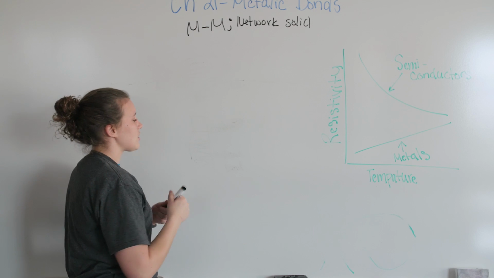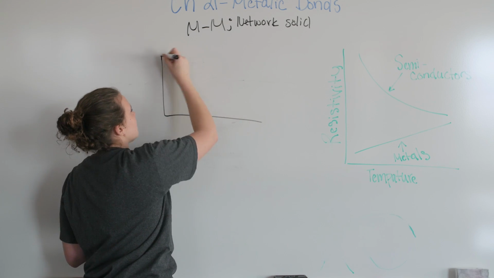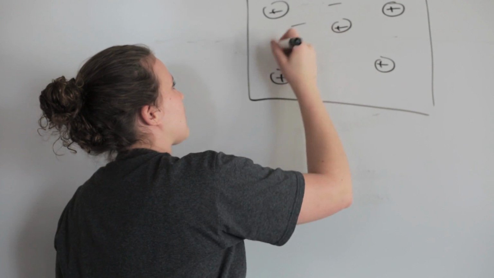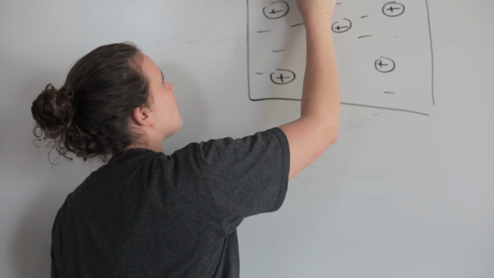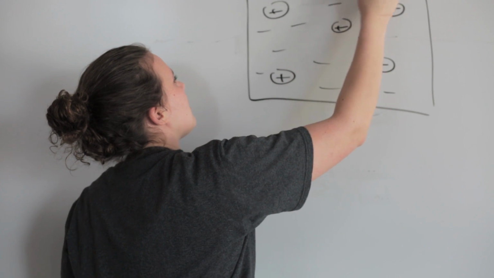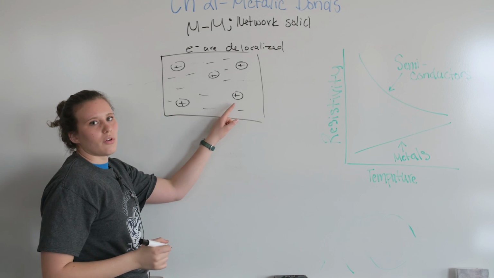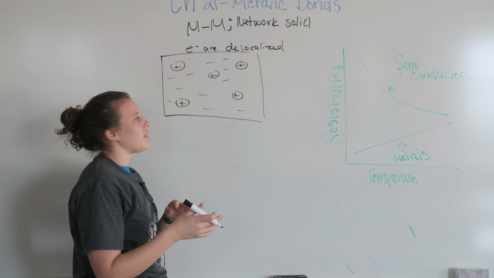Because the electrons can go to any orbital they want, they're delocalized. So you have all these different positive nuclei, and then you have all these electrons all around them, okay? And those electrons are delocalized. All that means is that they don't have to be bound to the proton. That's different from when we talk about ionic bonds.